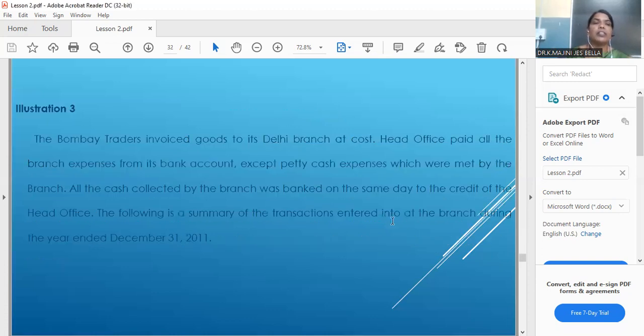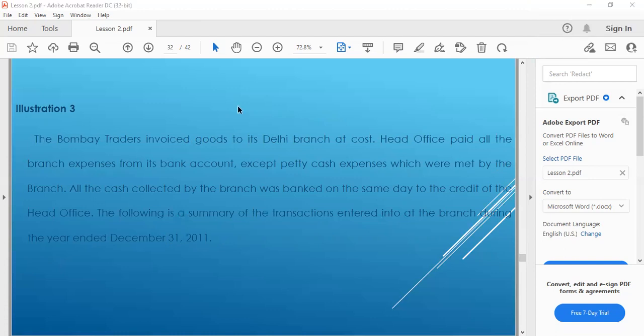We can see the third solution. I just wanted to read the question. The Bombay Traders invoiced goods to its Delhi branch at cost. Head office paid all the branch expenses from its bank account, except petty cash expenses which were met by the branch.